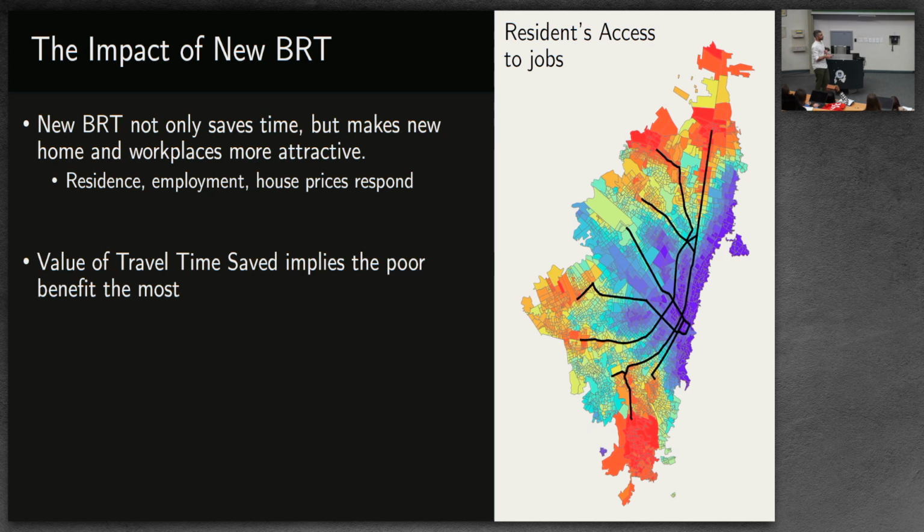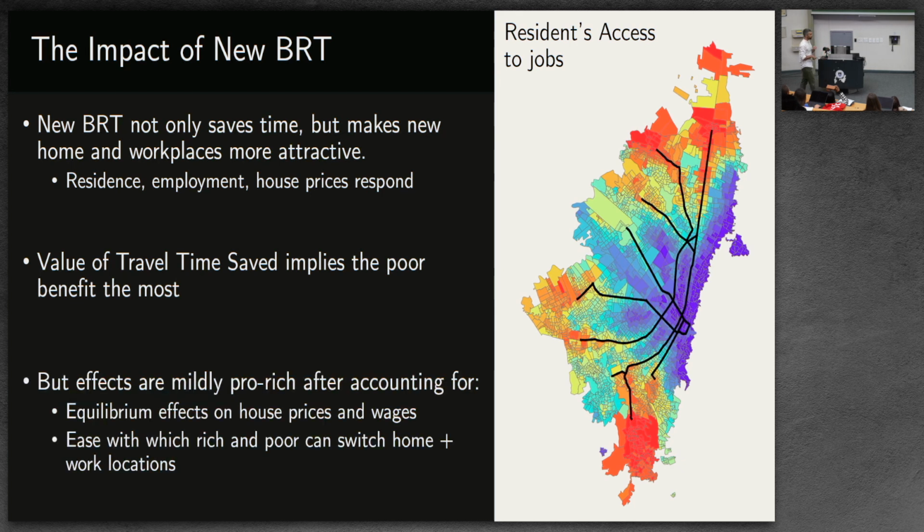Okay, and in the data, you see that the poor do use public transport more to begin with. So when you improve public transport, they save more minutes, and that approach implies that they benefit the most. But once I account for these equilibrium effects, you find that the effects are actually mildly pro-rich. So it's basically not that much of a policy for addressing distributional concerns, at least in this context.